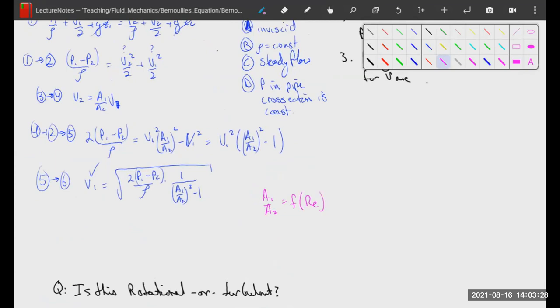We haven't talked about this now, but this is the first time we're introducing it. The Reynolds number is equal to the density of the fluid times some characteristic velocity, some characteristic dimension, divided by mu. In this case, the characteristic dimension would probably be the diameter of the orifice, right? And mu is the dynamic viscosity of the liquid.